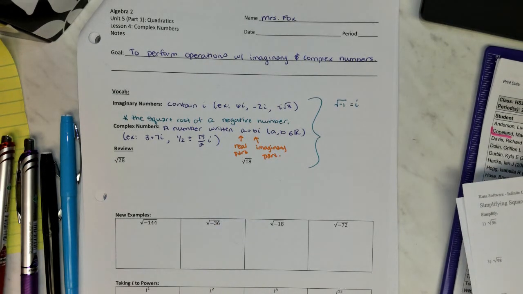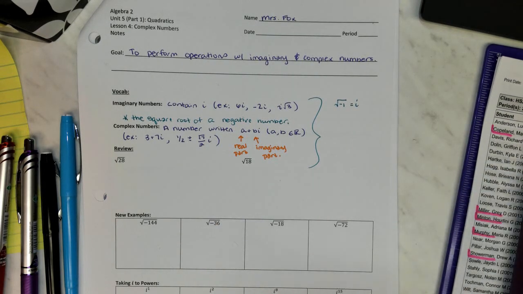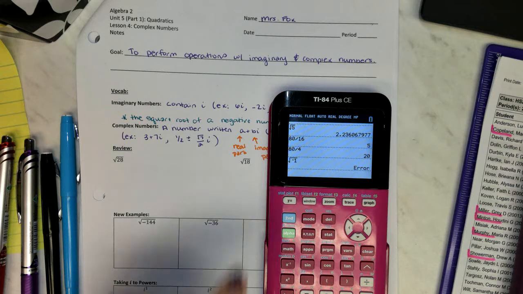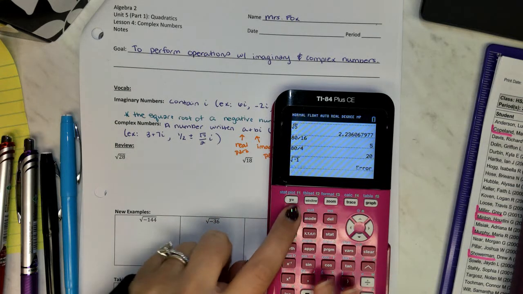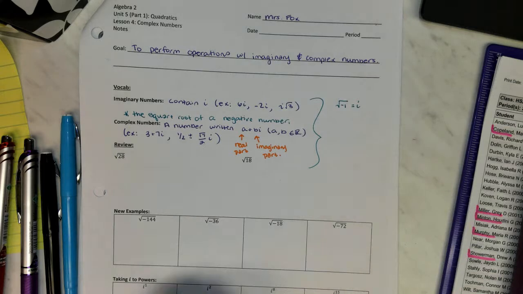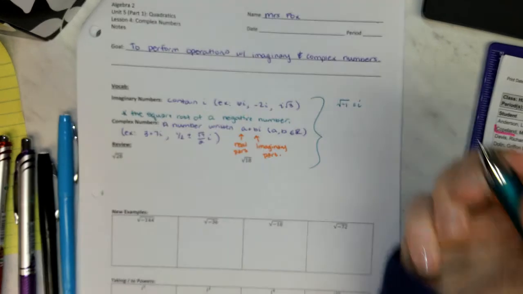Okay, if you type in the square root of negative 1 on your calculator, it's going to tell you error. Oops. The square root of negative 1, enter. It says non-real answer, because that is i. The answer is actually i.